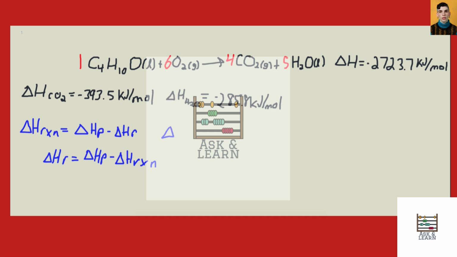So delta Hf of our diethyl ether is going to equal the sum of the products minus the reaction.